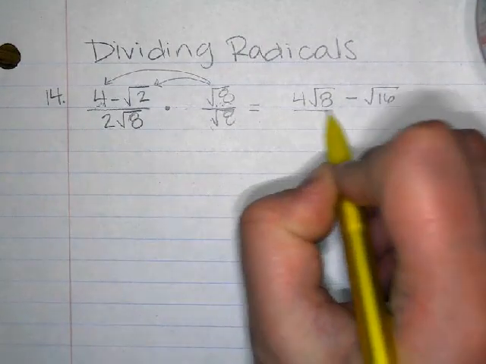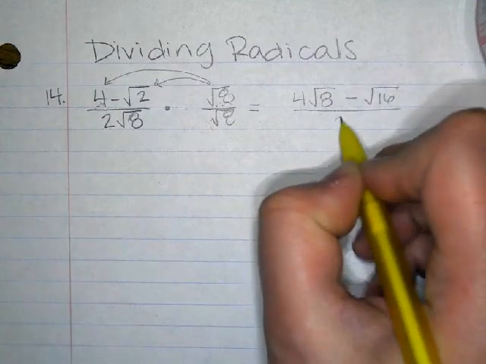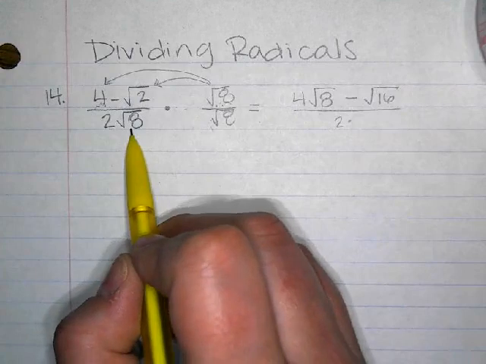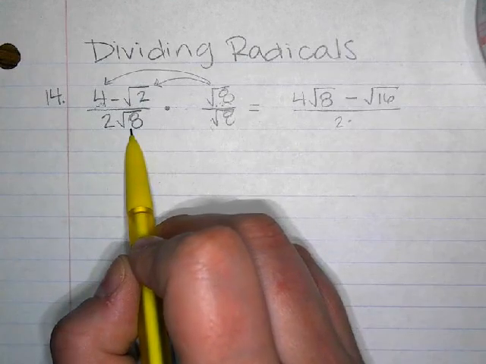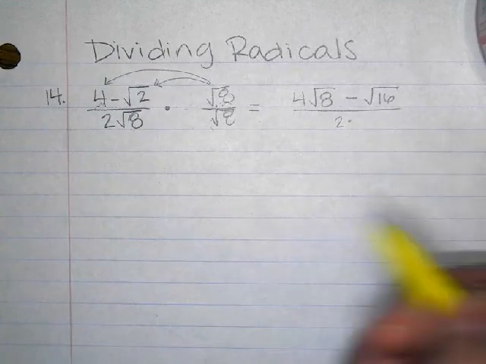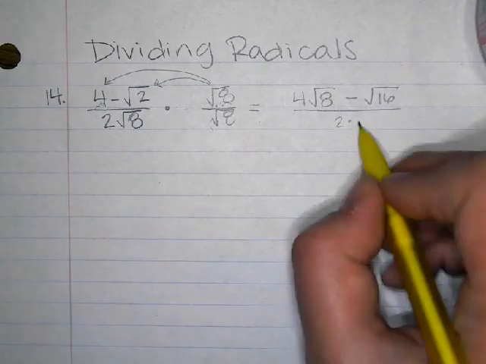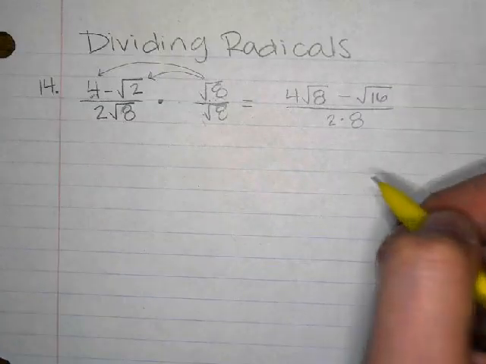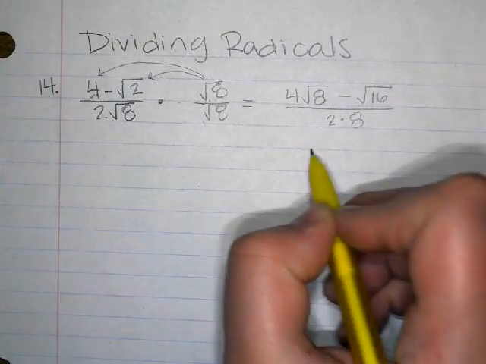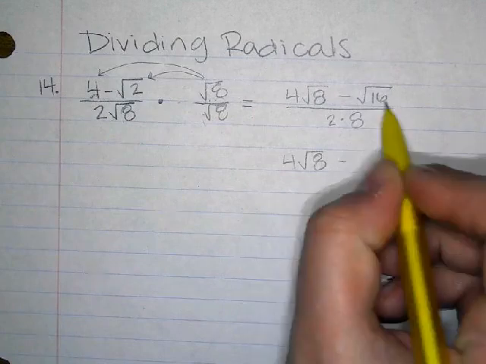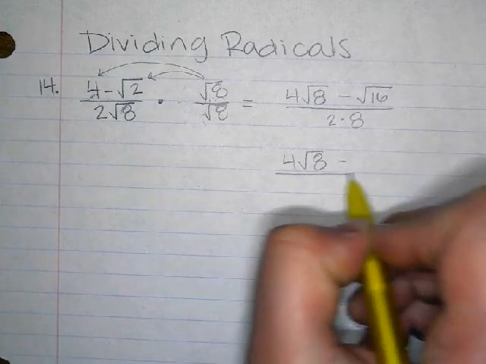Okay? On the bottom, we have a 2 times root 8 times root 8, which is just 8. It's root 64, which is just 8. So on the bottom, we just have 2 times 8, 16. Okay. So we have root 16, which is, what is the square root of 16? 4.